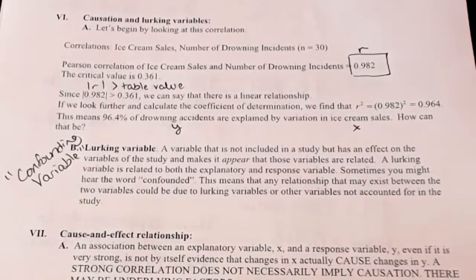A lurking variable is related to both the explanatory X and response Y variable. Sometimes you might hear the word confounded. This means that any relationship that may exist between the two variables could be due to lurking variables or other variables not accounted for in this study.